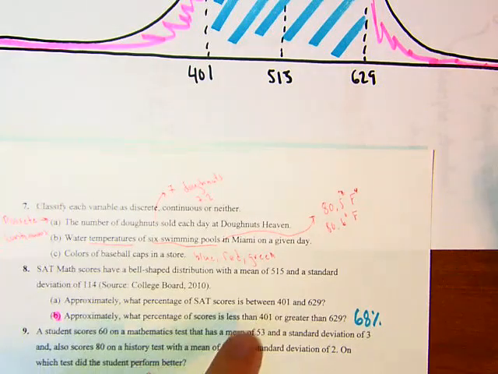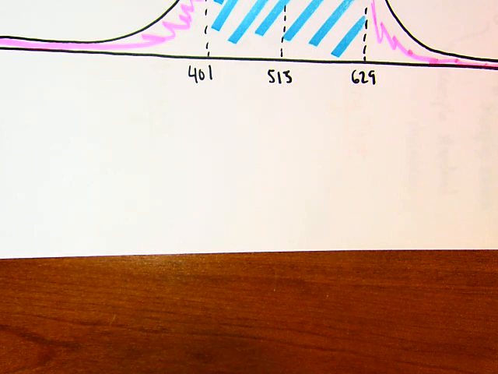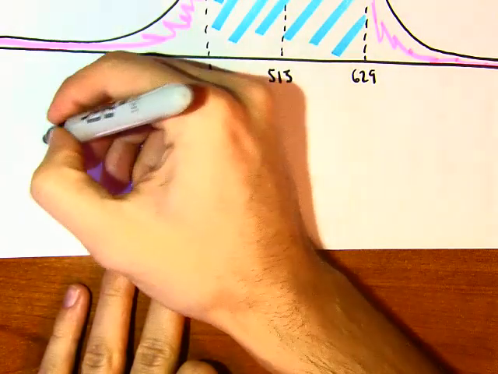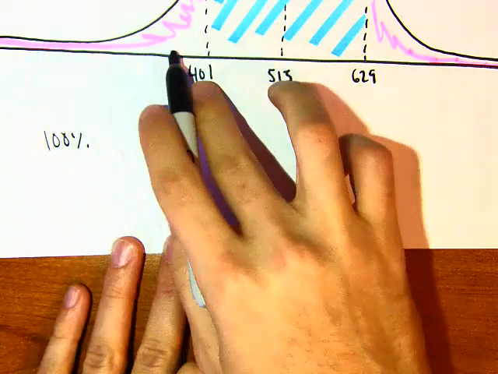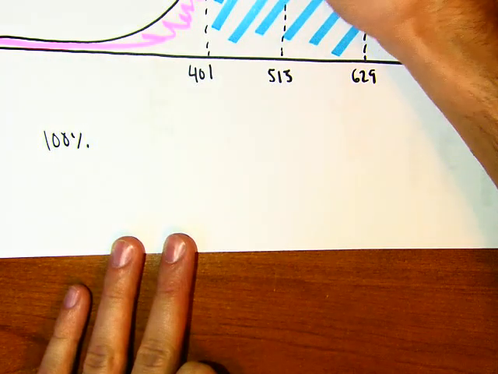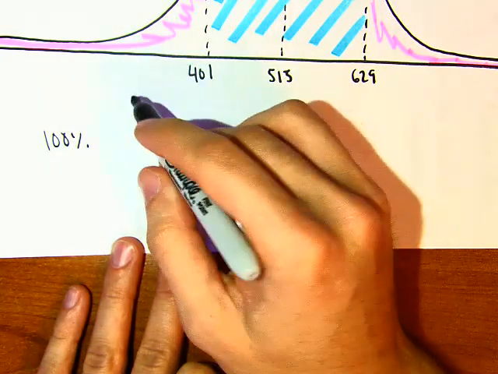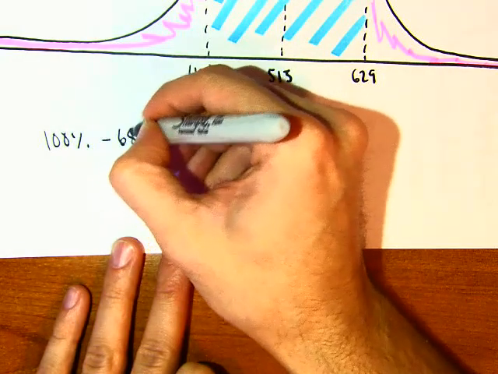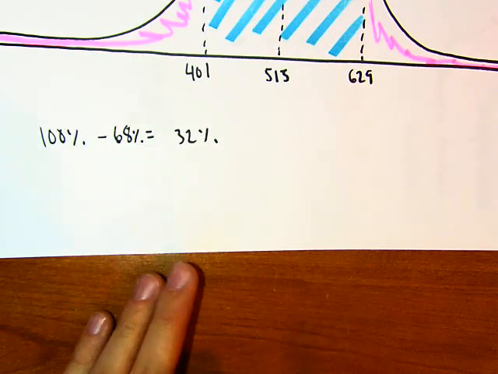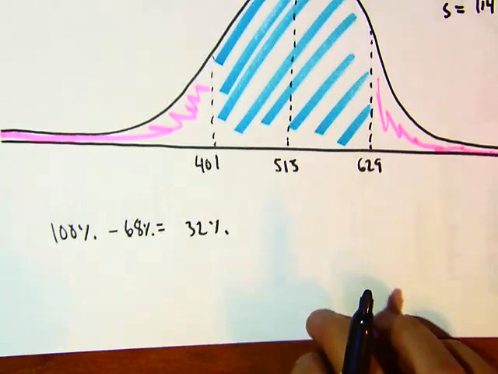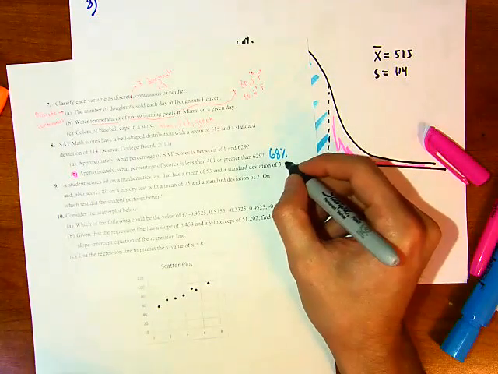So think about how you would solve this. If you know that the whole entire thing is 100%, and if I want the pink, and I know the blue is 68%, then to get the pink, I just need to do 100 minus 68, and that's equal to 32%. And that's it. So for this one, it's just 32%.